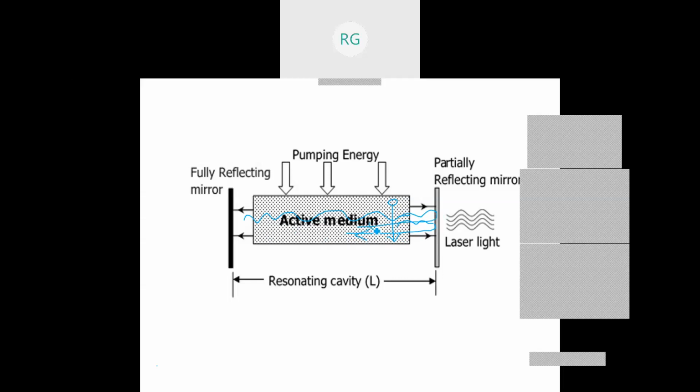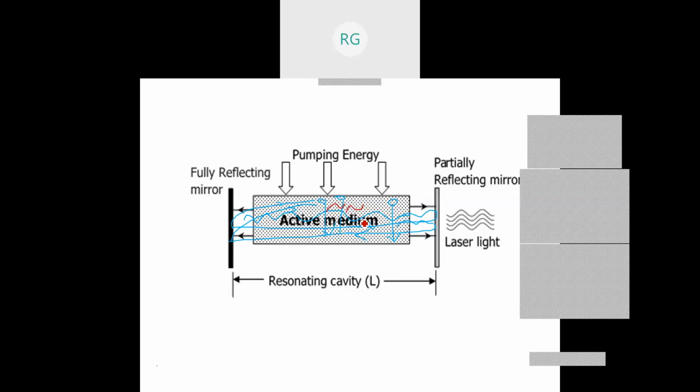And they come here to the other mirror end and they take a reflection. When they take the reflection, while going, they make two more atoms in the excited state come down. And while they are coming down, these two will give you two more photons.